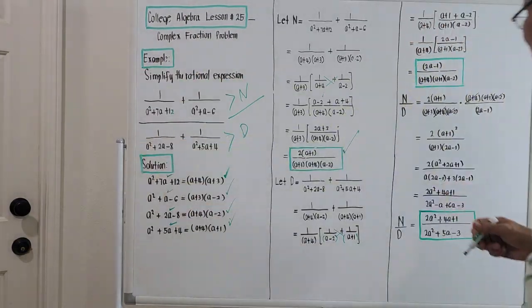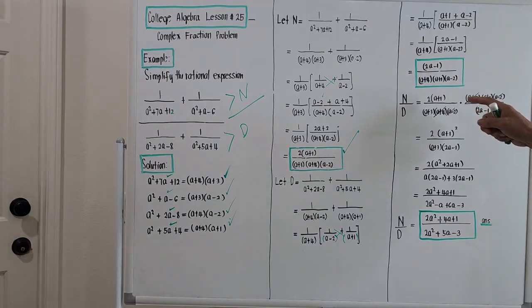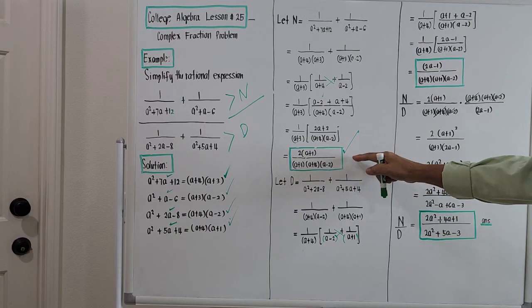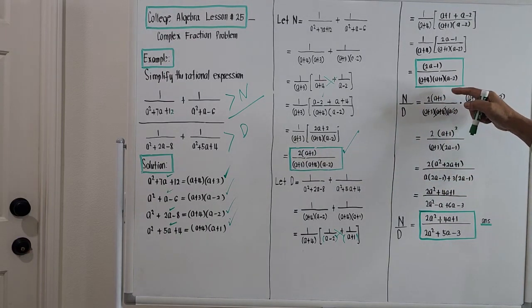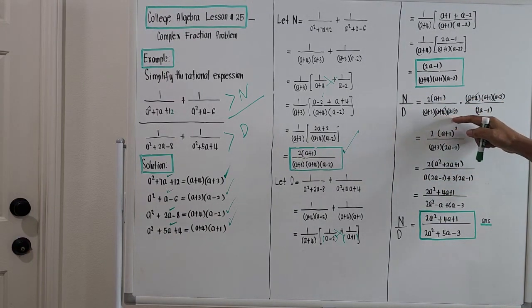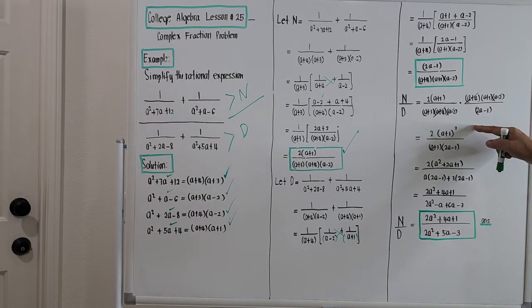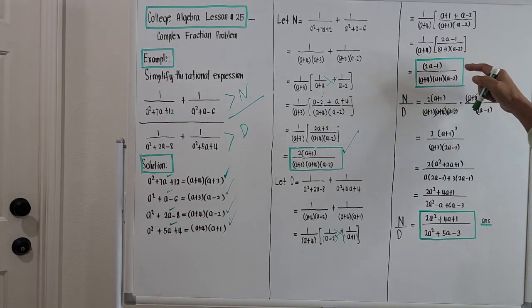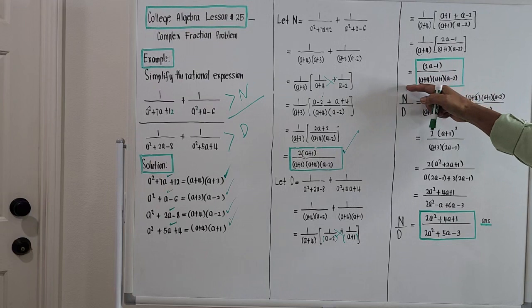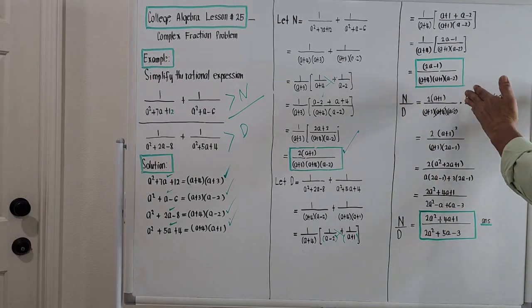So they should now be equal to... I will write the numerator. Where's the numerator? It is this. 2 times the quantity a plus 1 over the product of these three binomials here, divided by the value of d.